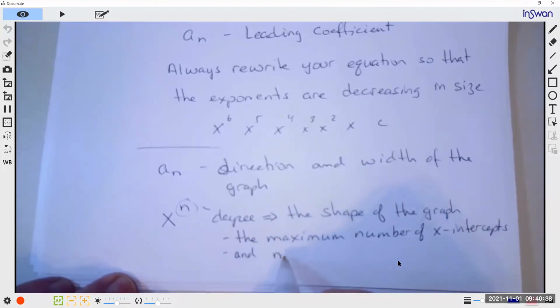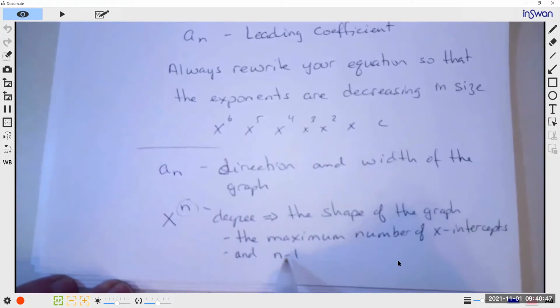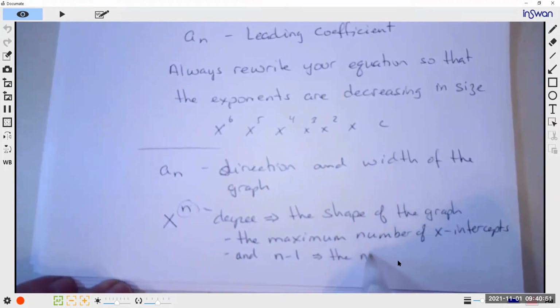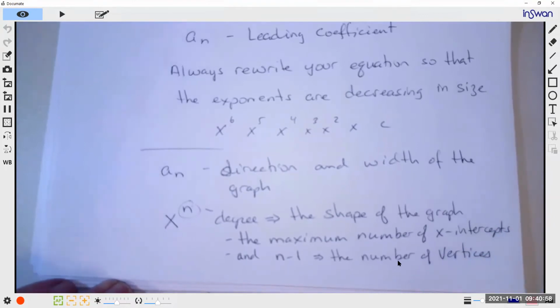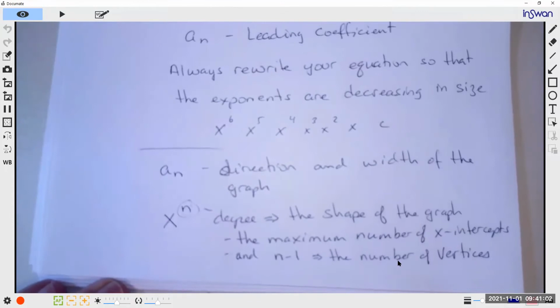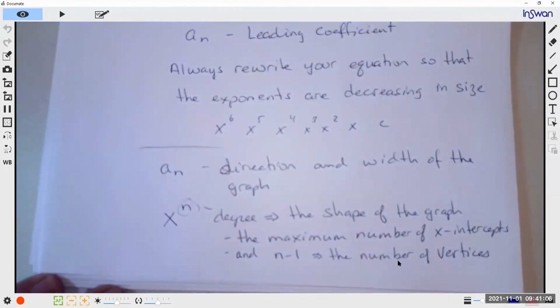And n minus 1 tells us, whatever the exponent is, minus 1 tells us the number of vertices. So just by looking at an equation, you can tell a lot about it without doing anything, just by looking at it.